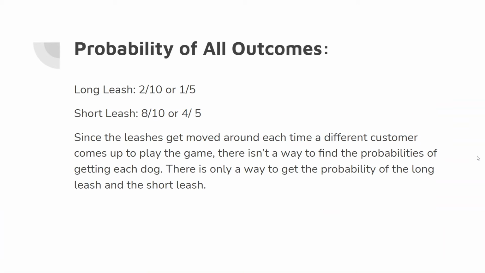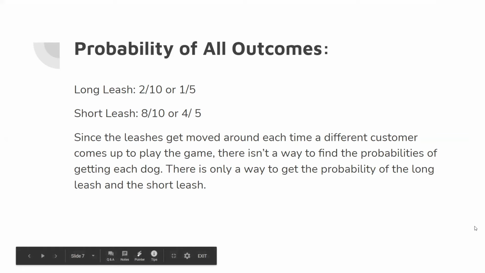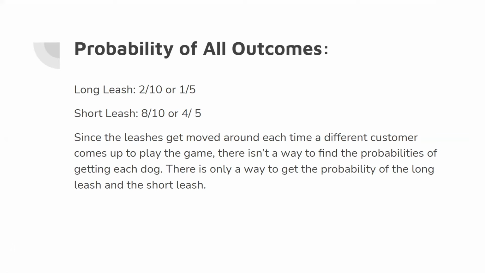So the probability of all outcomes. The probability of pulling a long leash is 2 out of 10, since there's 10 holes and there will be 2 long leashes, or 1 out of 5. The probability of getting a short leash is 8 out of 10 or 4 out of 5, since there are 10 holes and 8 short leashes. Since the leashes get moved around each time a different customer comes up to play, there isn't a way to find the probabilities of getting each dog.